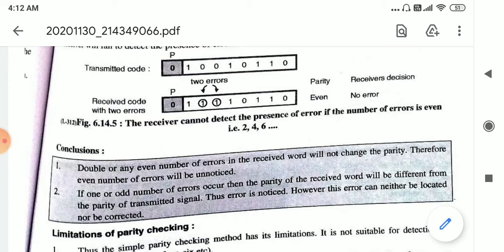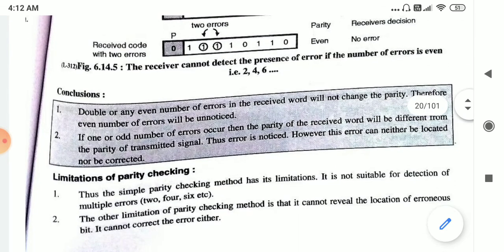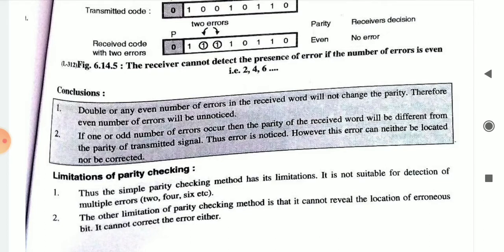Okay, even parity. If we get the same message without any error, see here the conclusion: double or any even number of errors in the received word will not change the parity. Okay, and therefore an even number of errors will go unnoticed.